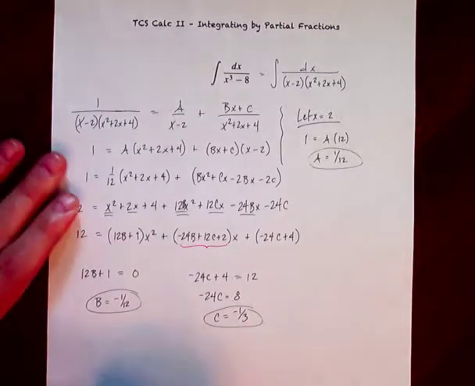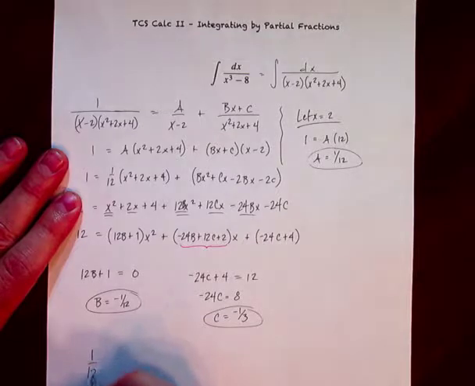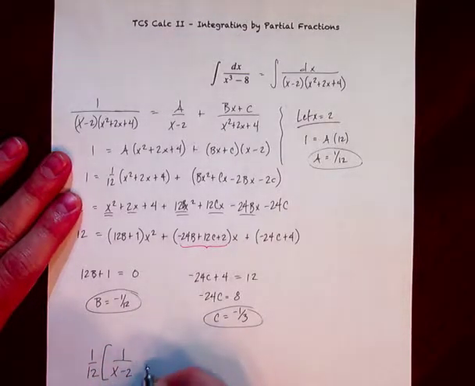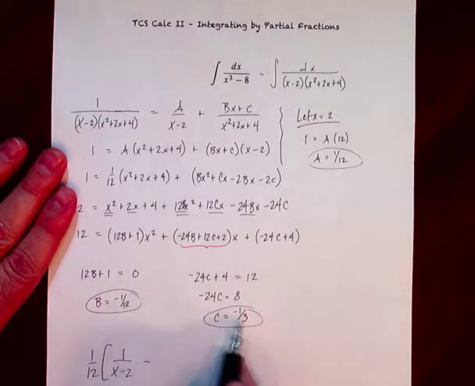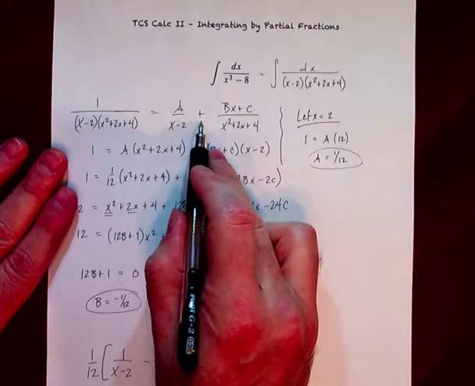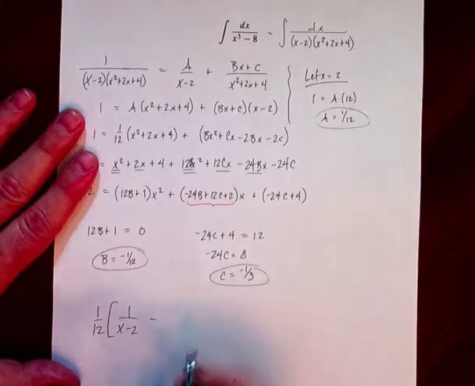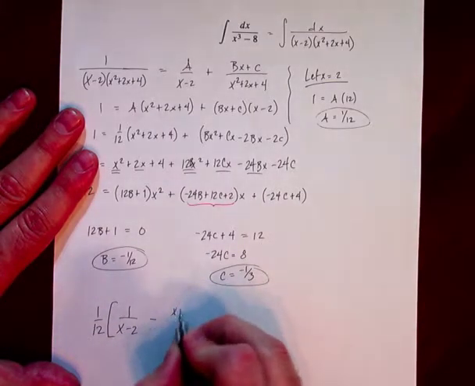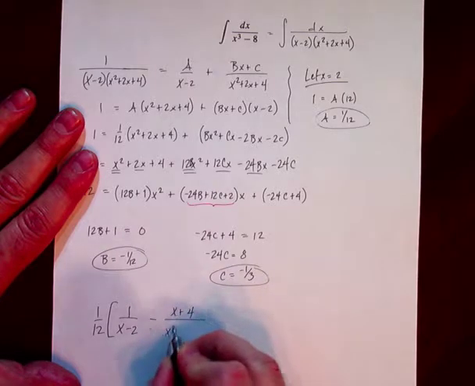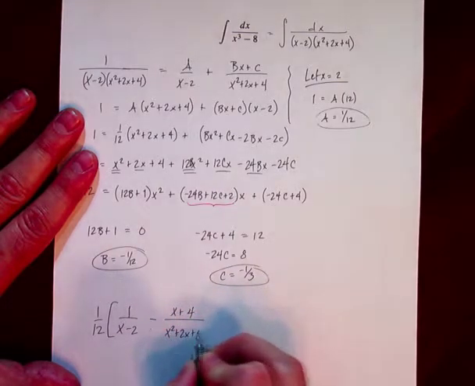Now, what that means is that I have 1/12, 1 over x minus 2, minus, okay, let's go ahead and take the minus from these and factor it out and turn this sum into a difference. And that gives me x plus 4 over x squared plus 2x plus 4.